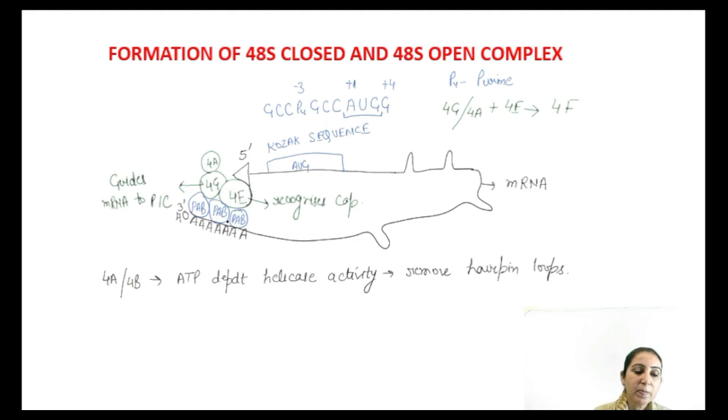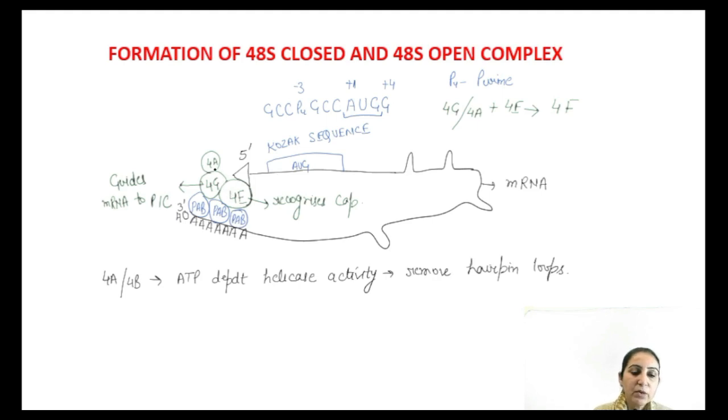This is the poly A tail. There are many poly A binding proteins attached to this tail. This 4E combines with these proteins on one side and the cap of mRNA on the other side, so that this mRNA gets folded upon itself.